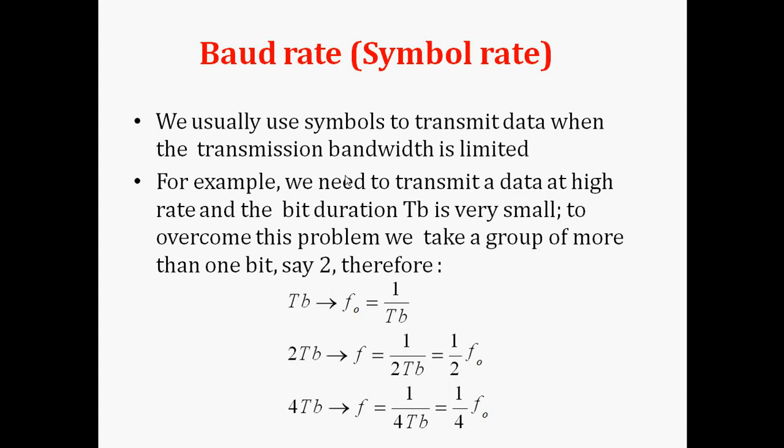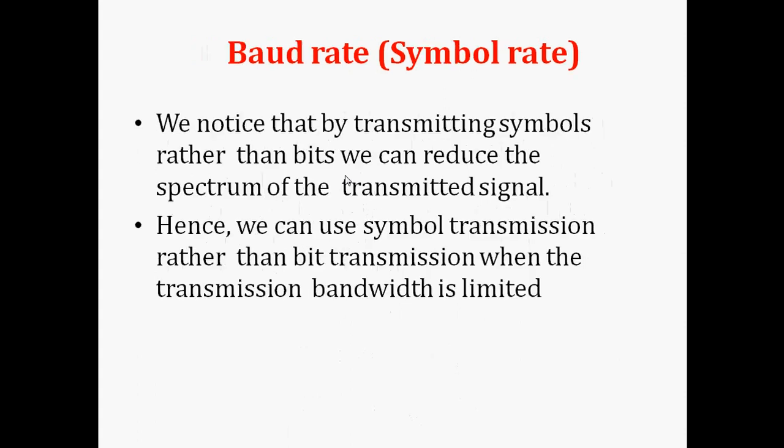So accordingly, the need for frequency gets reduced as we make groups of more bits. We notice that by transmitting symbols rather than bits, we can reduce the spectrum of the transmitted signal. Hence, we can use symbol transmission rather than bit transmission when the transmission bandwidth is limited.